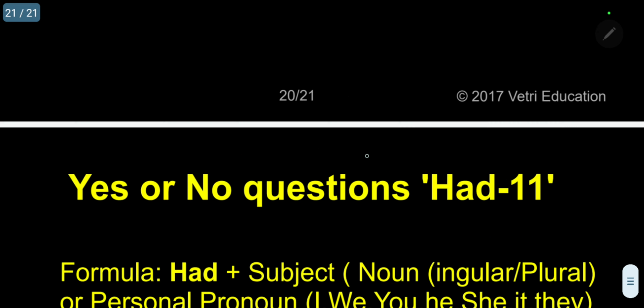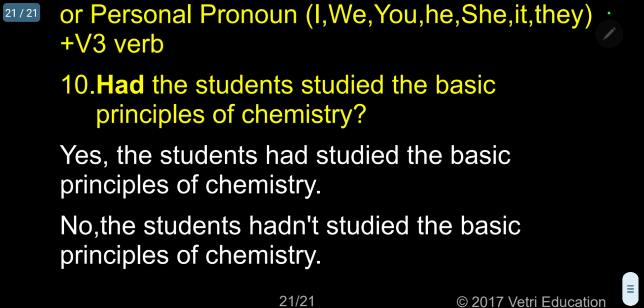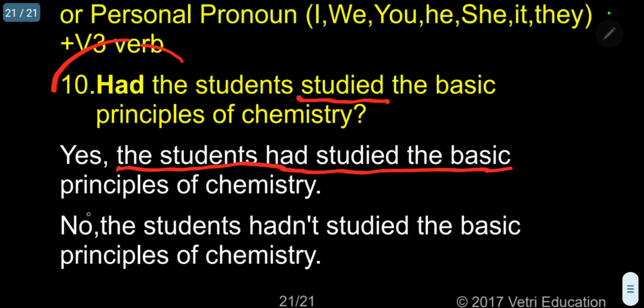Lastly, question number 10. Please follow. Had the students studied the basic principles of chemistry? If they studied, yes. If not studied, no. If yes, automatically the students will come in front. The students had studied the basic principles of chemistry.